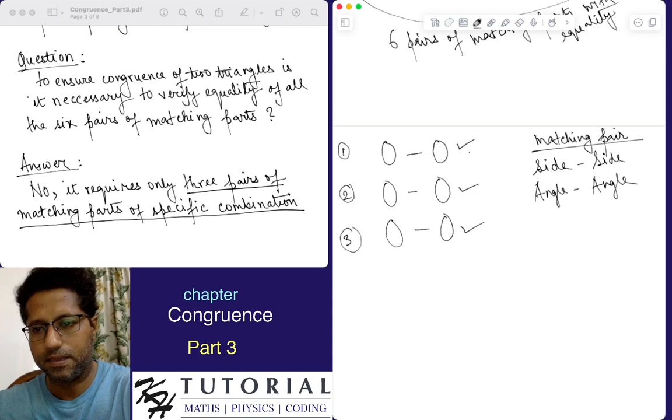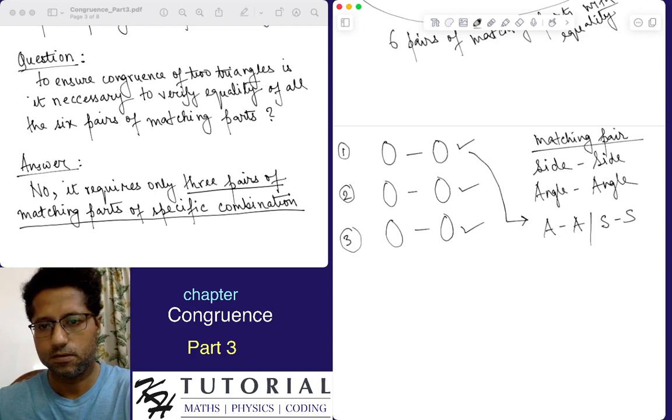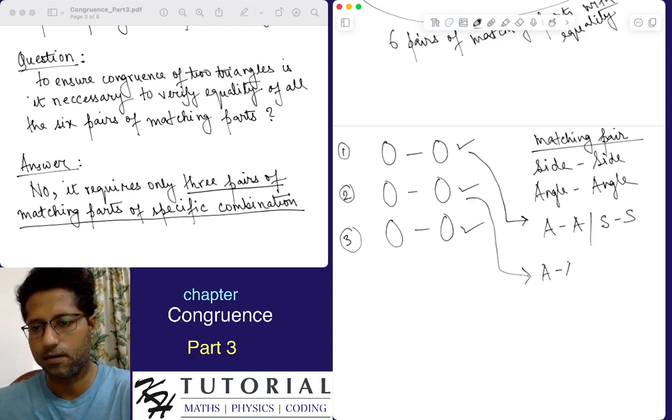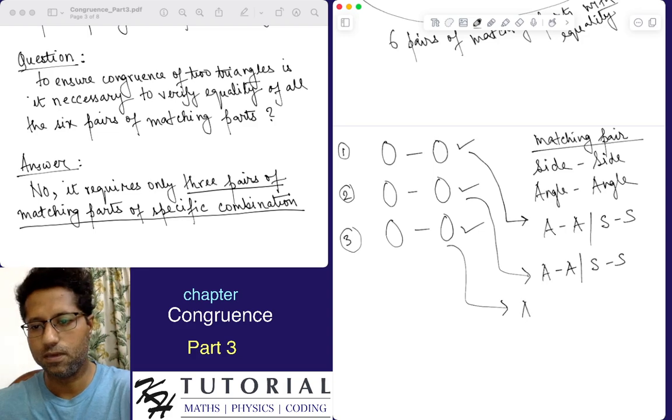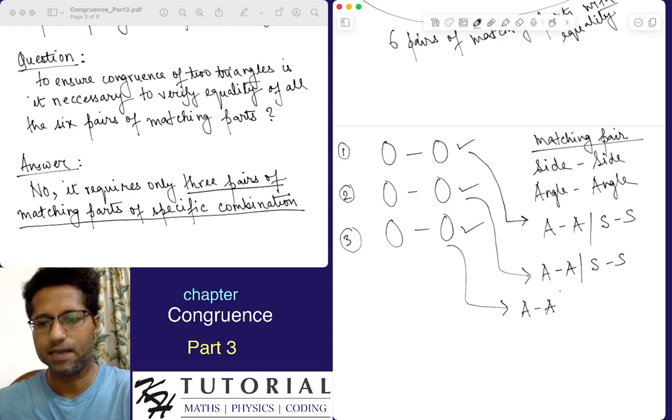So the possibility of each matching pair could be of type either side or angle, where I'm abbreviating side as S and angle as A. It could be of type angle or side. Similarly, this matching pair could be of type angle or side. Similarly, this matching pair could also be of type angle or side.